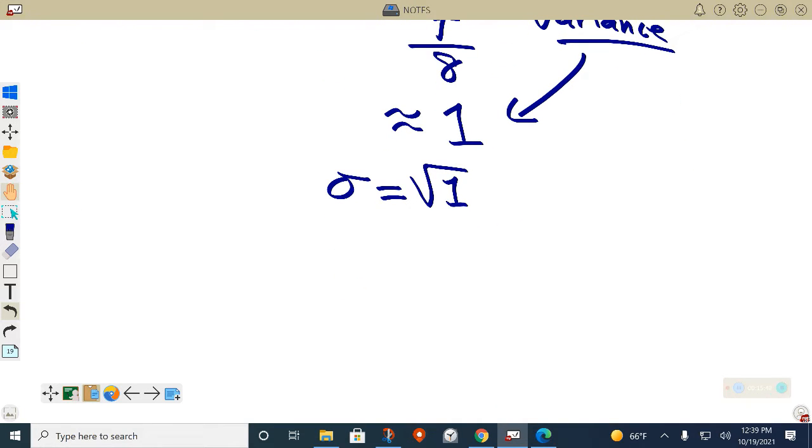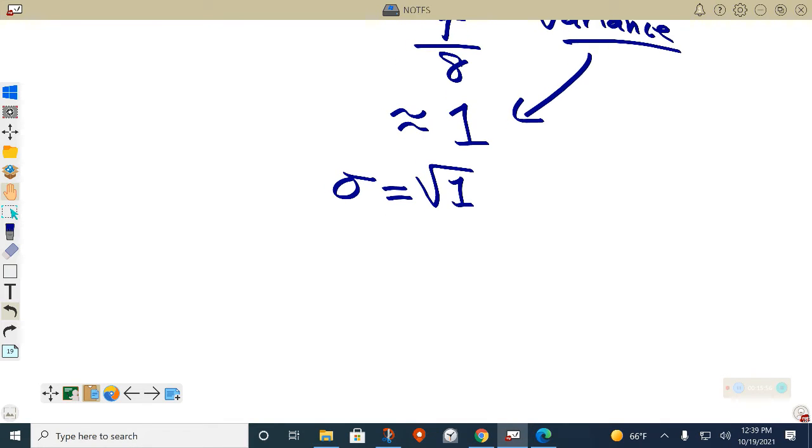It's the square root of 1. 1 number times itself becomes 1. Standard deviation then is 1. You don't believe me? Type that up in the calculator.